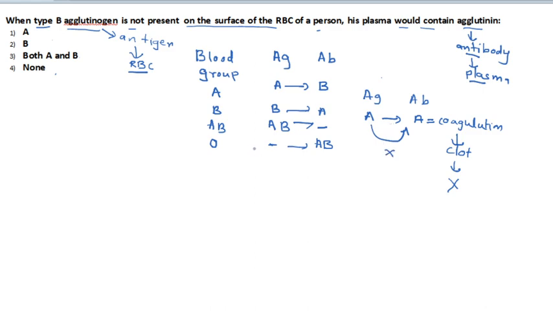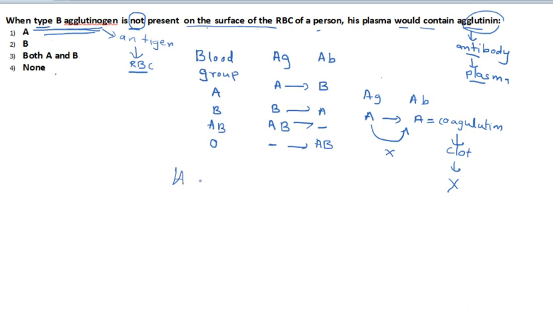Hence we understand that when type B agglutinogen, or type B antigen, is not present on the surface of the RBC, can we say that definitely it will be present as agglutinin in the plasma? Yes.